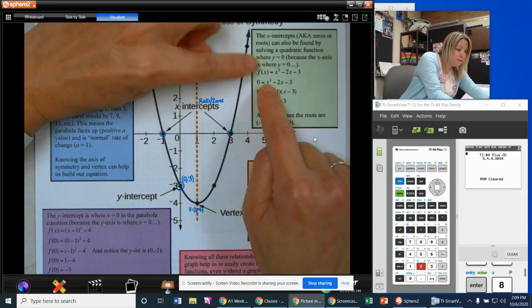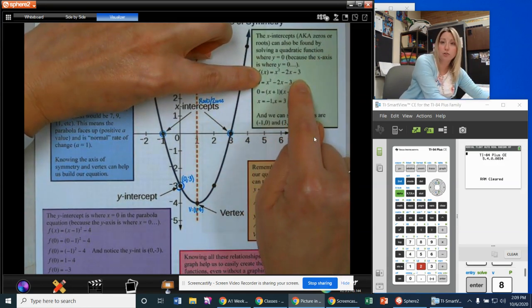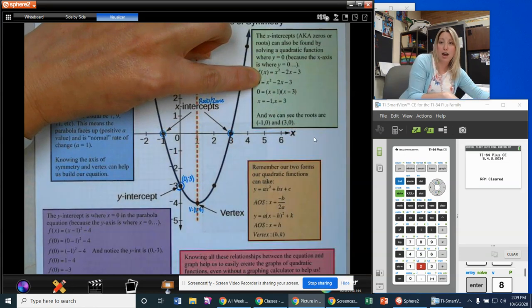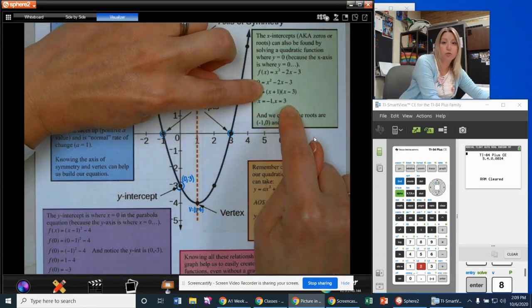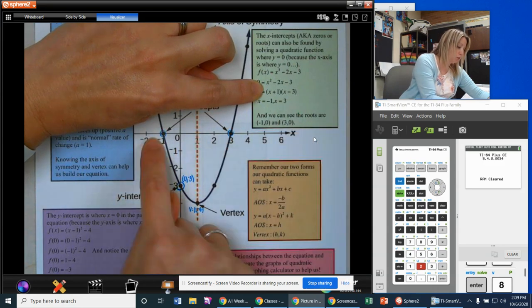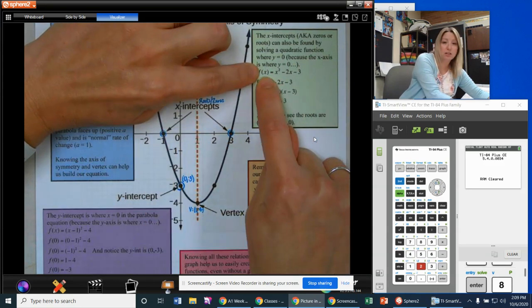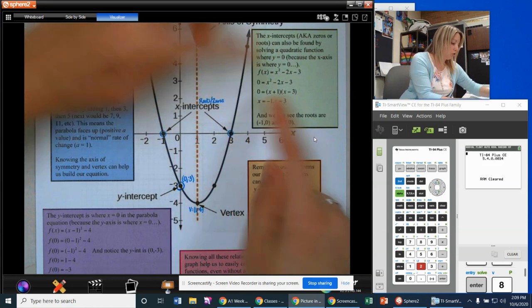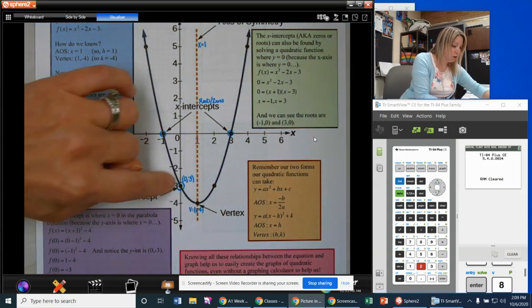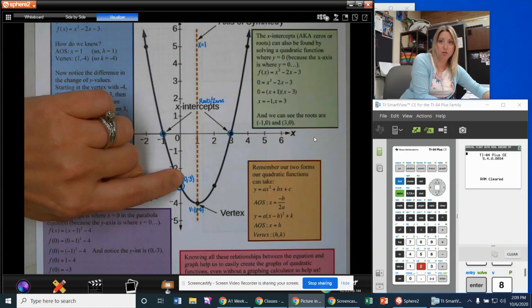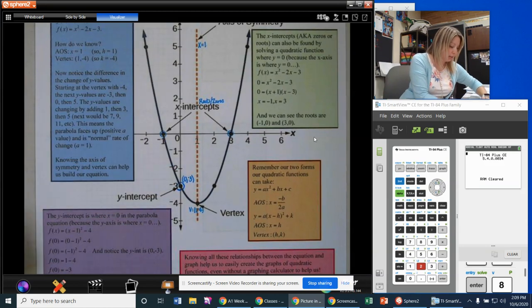If you have standard form of your quadratic equation, you factor that into two pieces, and those two pieces give you the x values of your roots, because you're pretending that your y is 0. And it's just like what I said here: I know that this is -3 because the x value of this has to be 0, so that's what I plug in for x, and that's how I get it.